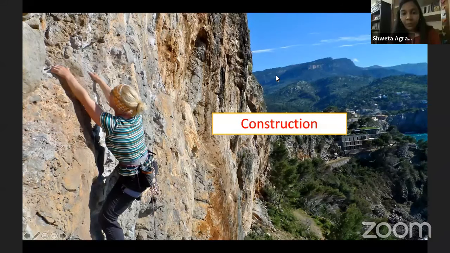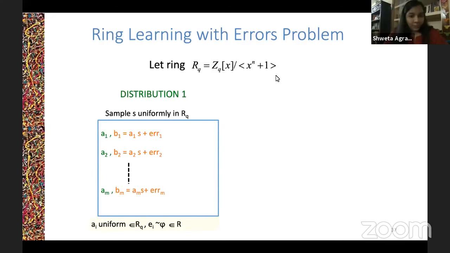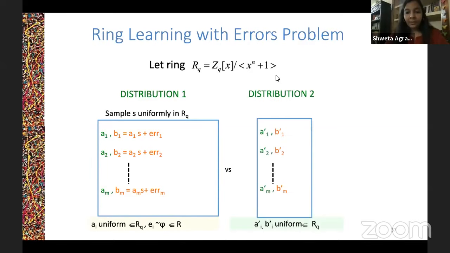Okay, so construction. So good. It's going to be based on the ring learning with errors problem, which, for all those who attended the workshops at Simons, we've sort of seen again and again.